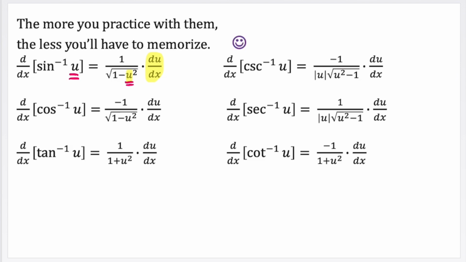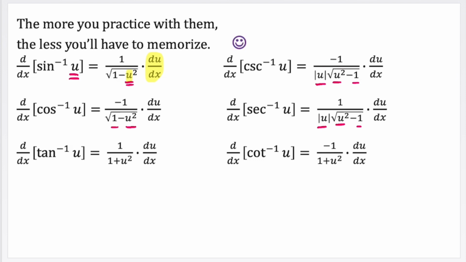In those, the u squared comes first and then the 1 comes second, versus the sine and the cosine. Secant and cosecant also have this absolute value of u on the outside that's being multiplied with that denominator. So, some messy derivatives, but they're just things that you have to memorize.